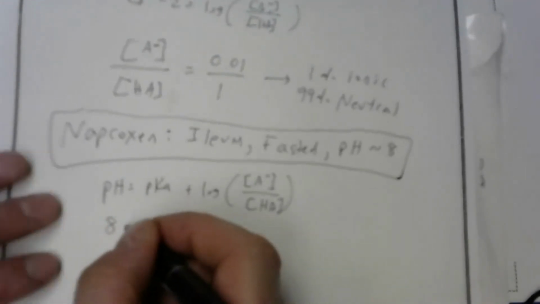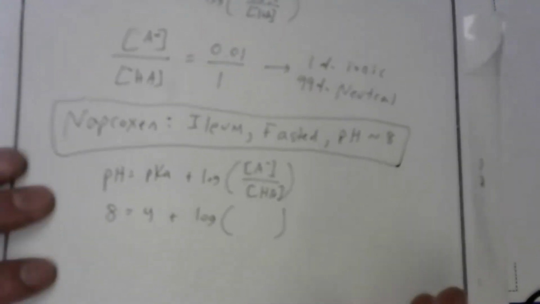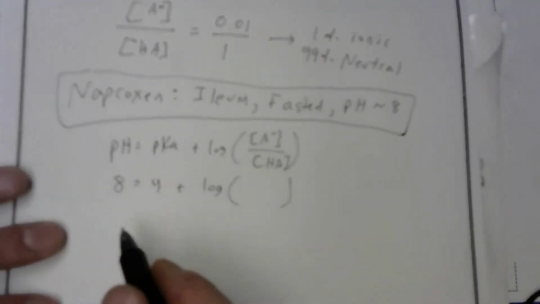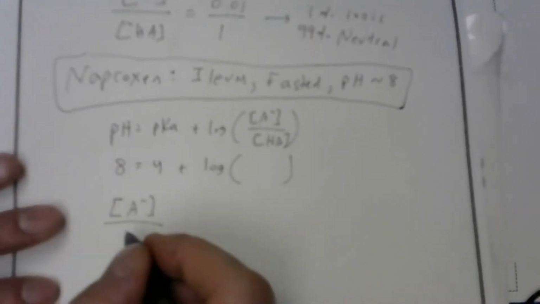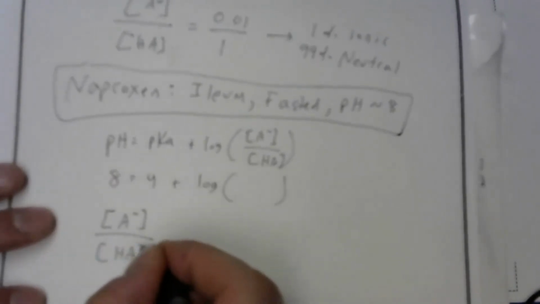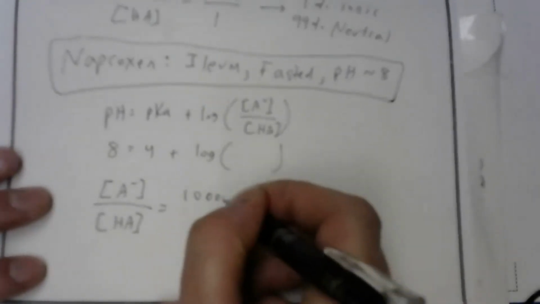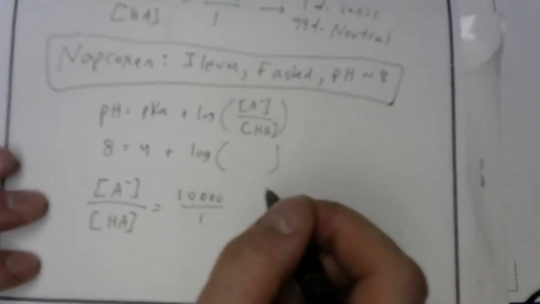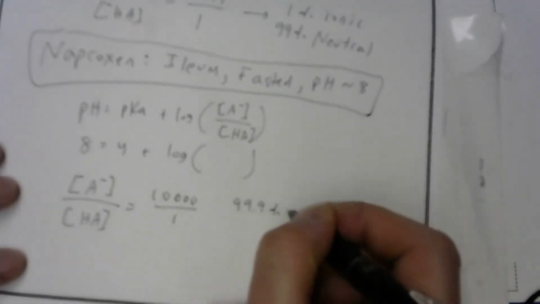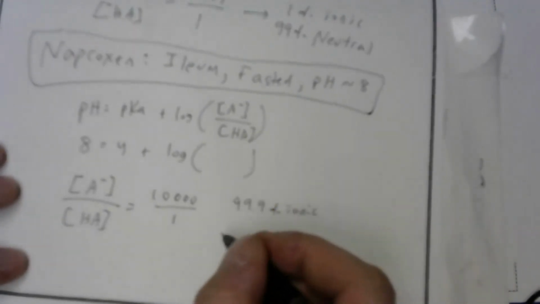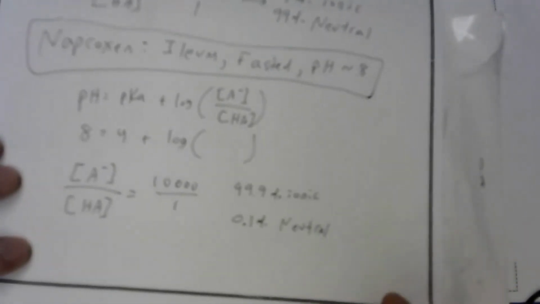Now the pH is 8, pKa is 4, plus log, and so do the math. Eventually, A minus over HA equals about 10,000 to 1, meaning it's about 99.9% ionic and 0.1% neutral. So that's definitely interesting.